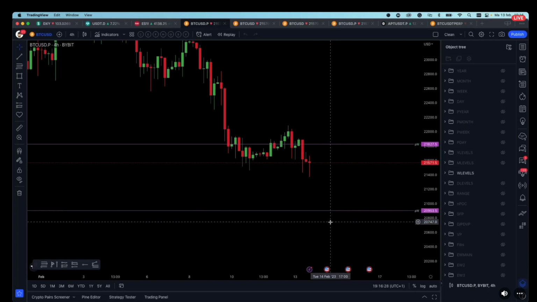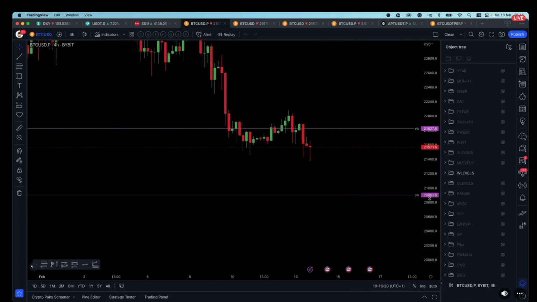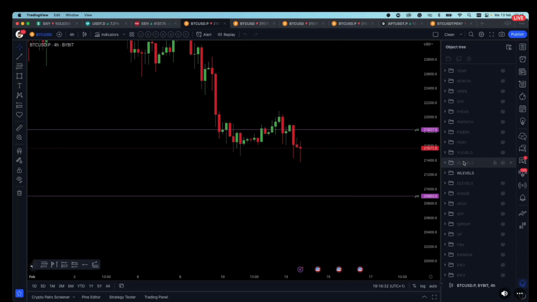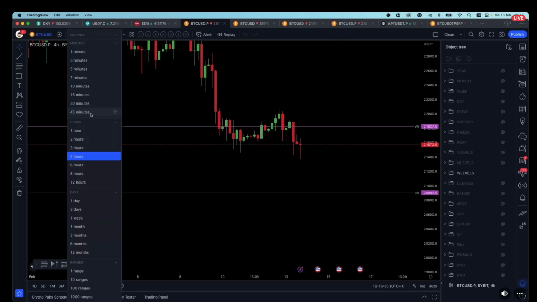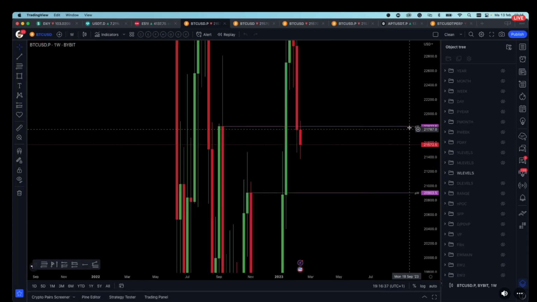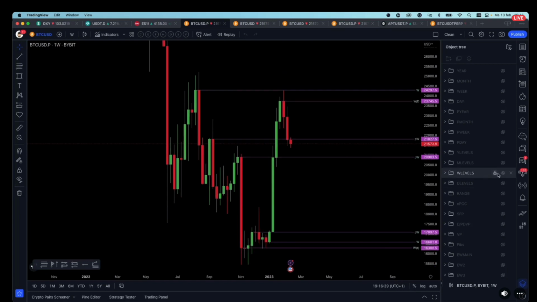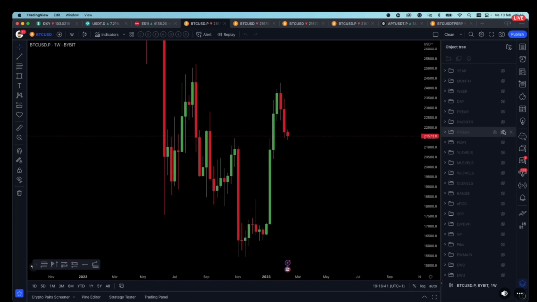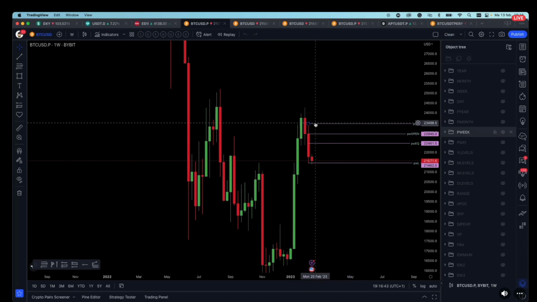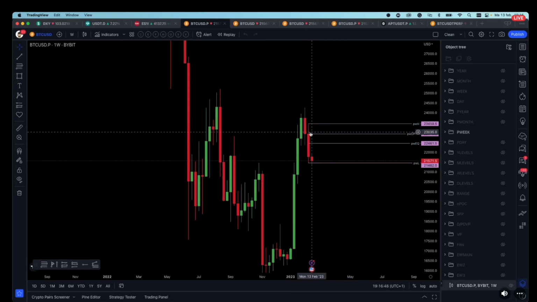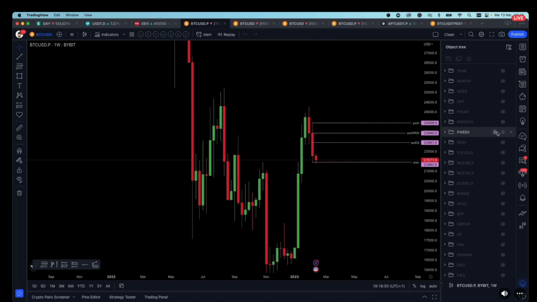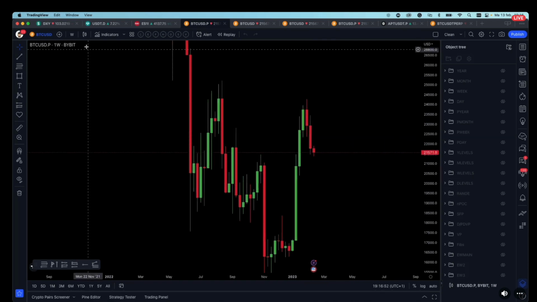A little bit lower, we have that 2900 previous weekly, and that might align with some more levels that I have. So I will open up some more levels soon. Previous week, same thing: weekly high, weekly low, previous week equilibrium, and then the previous week open.